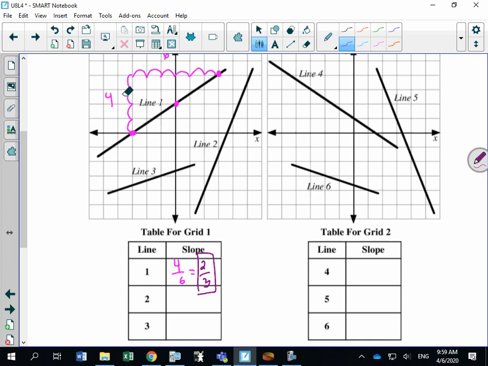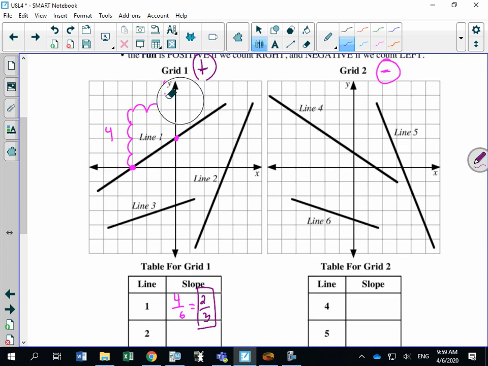Now, watch what I could do. I'm going to erase this, and I'm going to calculate the slope from now this point to this point. Rise of 1, 2, and a run of 1, 2, 3. And I get that exact same slope of 2/3. So what I need you to see is that this line, the entire line, has a slope of 2/3, right?